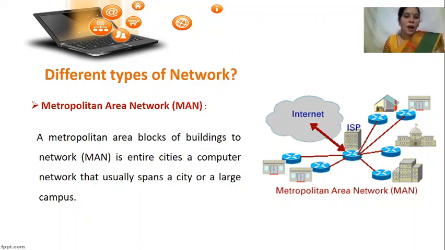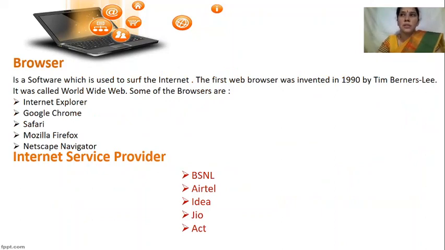The next one we come across is the browser. What do we mean by browser? A browser is a software which is used to surf the internet. It was invented in 1990 by a scientist called Tim Berners-Lee.